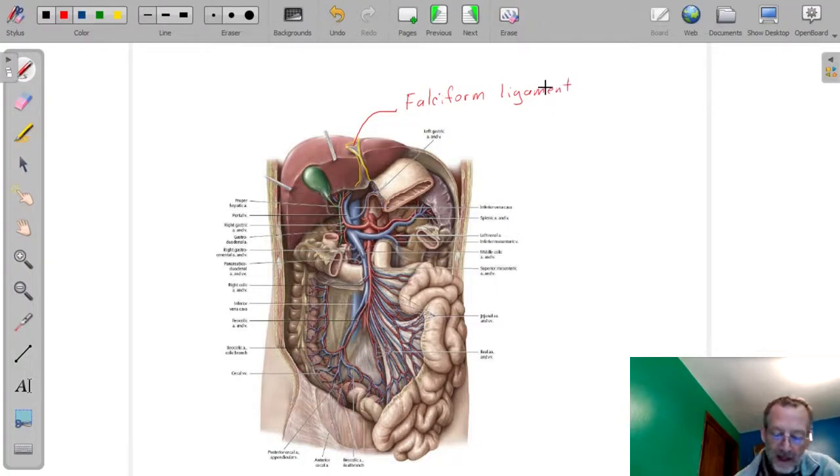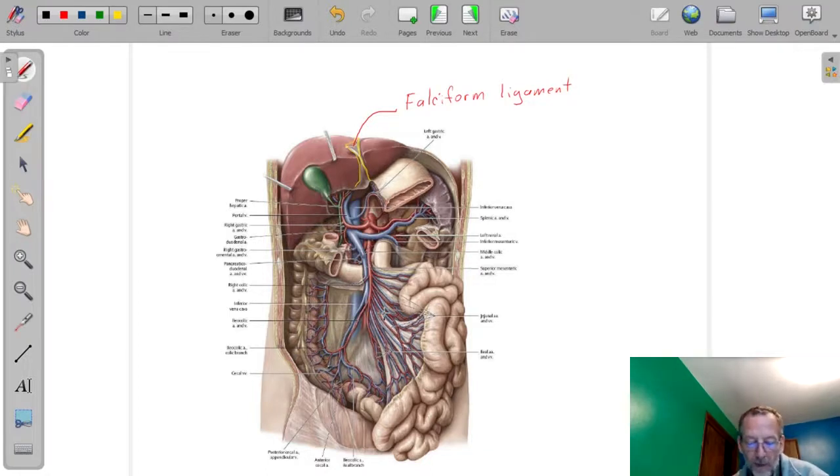Falciform ligament, and then see if you can identify this hepatic portal system in here. Well, there are the intestines again. Those are pretty obvious. And the fan of mesenteric arteries and mesenteric veins.